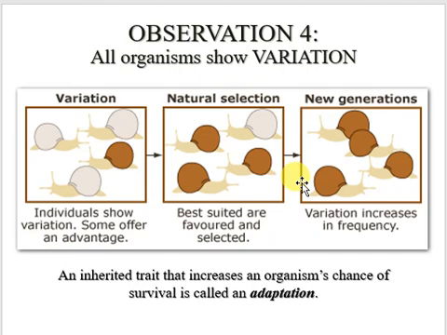Mutations are usually these spontaneous changes to DNA that allow for variation, and they occur at random with respect to the needs of an organism. They're not occurring because an organism faces a change and needs some sort of adaptation in order to manage that change. That's not why a mutation happens.